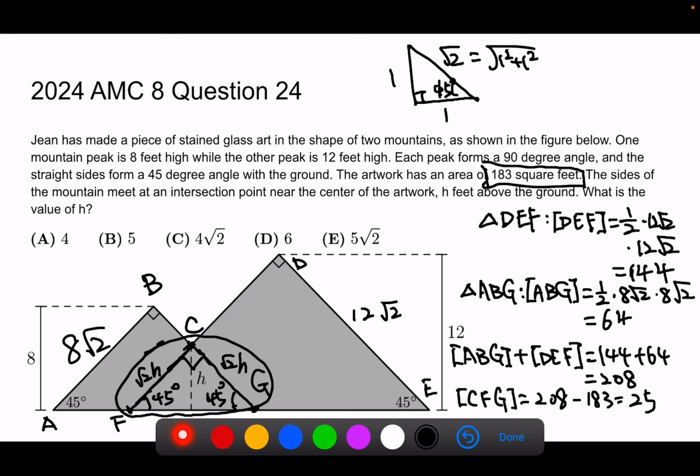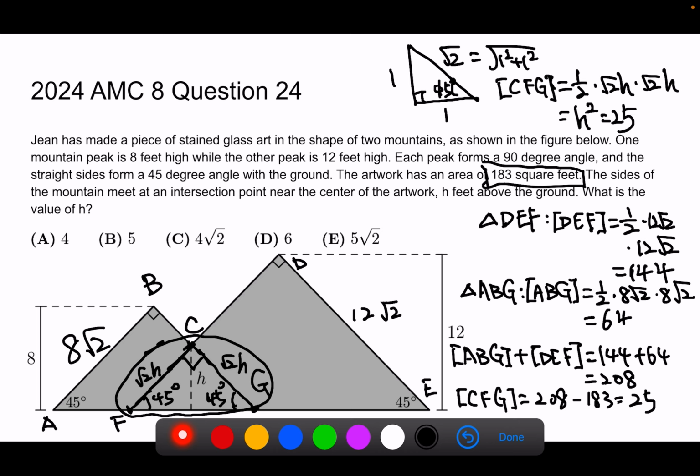So triangle CFG's area is equal to a half times root 2 times h times root 2 times h. So its area should be h squared. And you know h squared now is equal to 25 because from this overlapping calculation, you find its area.